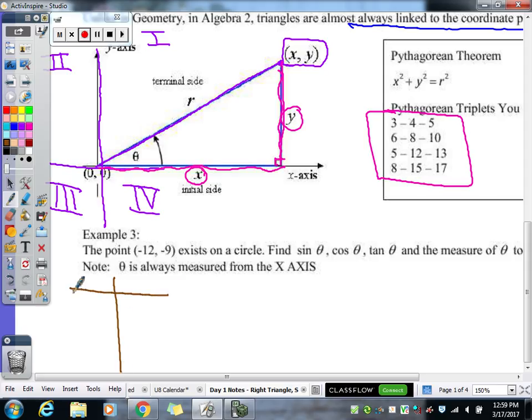So -12, -9 would put me somewhere over there. So then again, I connect from the origin, and then I make it a right triangle by connecting to my x-axis.